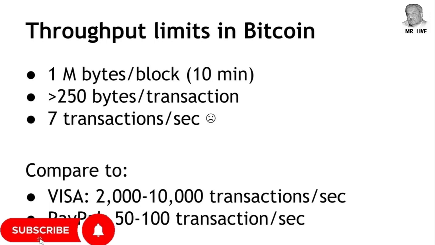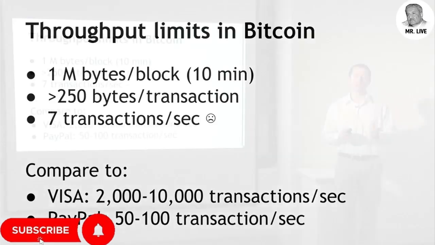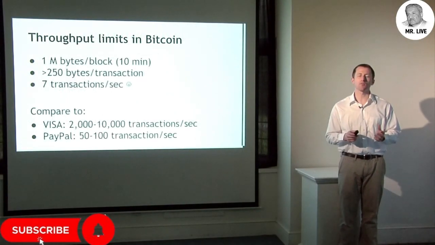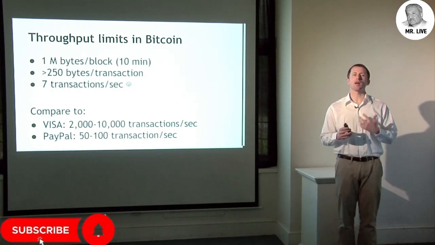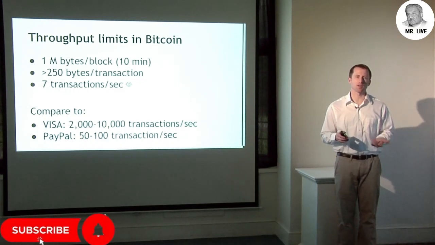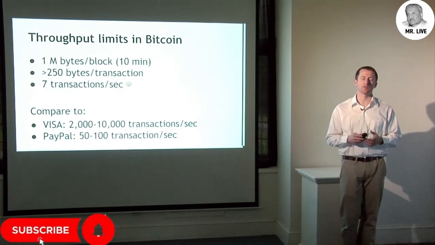So how does 7 transactions per second compare? Well, if you went down to the offices of Visa and told them I'm proposing a new payment system that can handle 7 transactions per second, they would probably tell you, that's terrible, and then they would laugh and throw you out the door. They've been working for a long time to build a payment network that goes way bigger than this. So it's said that Visa handles on average about 2,000 transactions per second around the world.